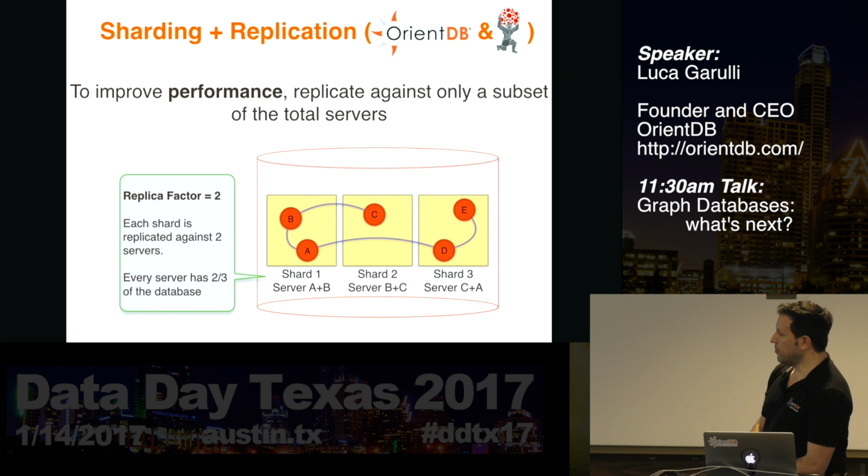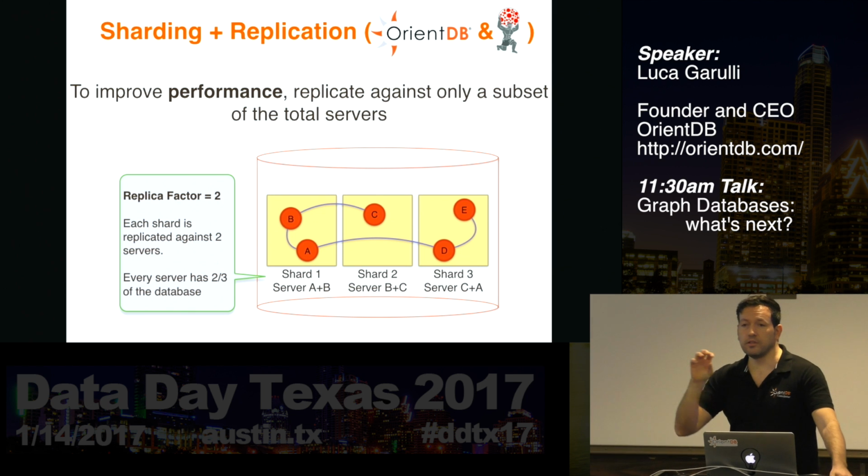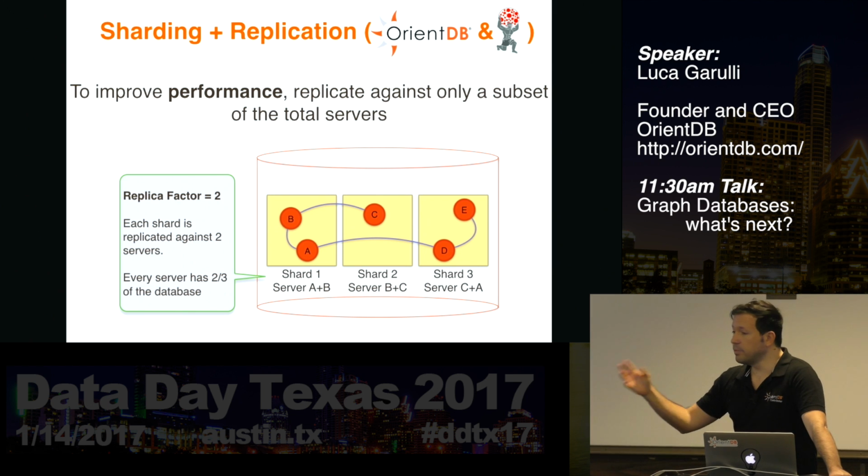So to improve the performance of replication, you can set the replica factor to a value that is lower than the number of servers. For example, I have the first, second, and third shard. The first shard goes on servers A and B, the second shard on B and C, and the third one on C and A. So every single partition of the database is replicated across 2 servers only.